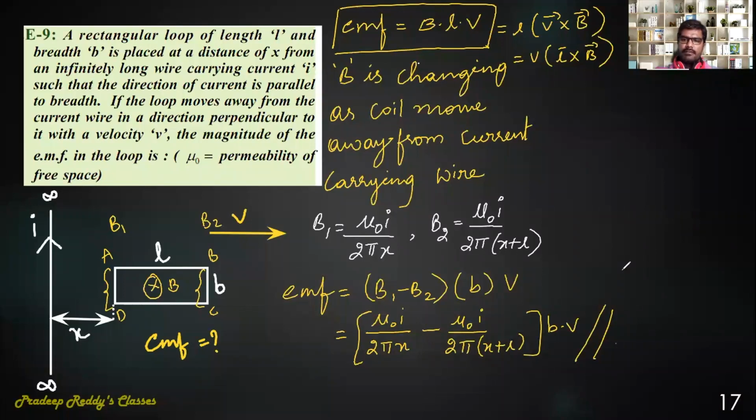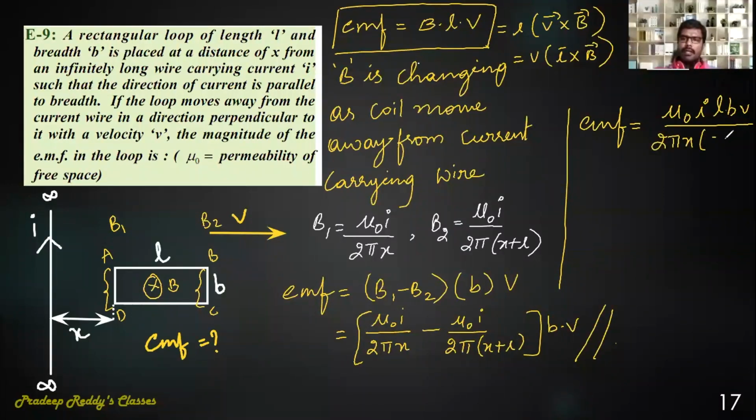And if you solve this, obviously you will get EMF induced equal to mu naught I L B V divided by 2 pi x into x plus L. This is the total EMF produced due to motion of the rectangular loop on the right side.